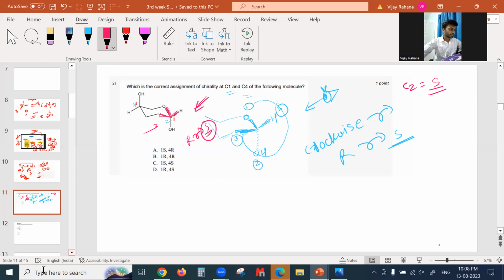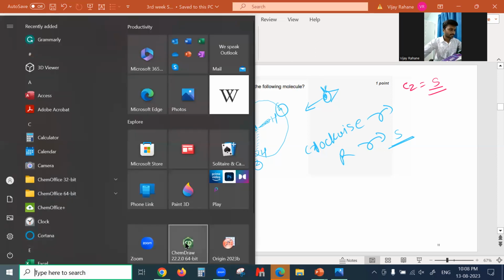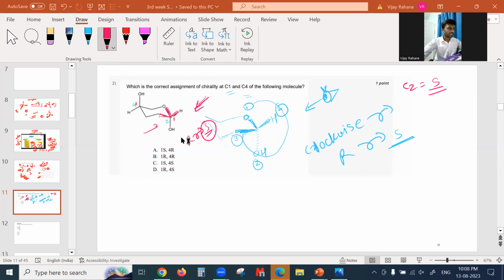I think I have ChemDraw software. Better I will just show you with the help of 3D.